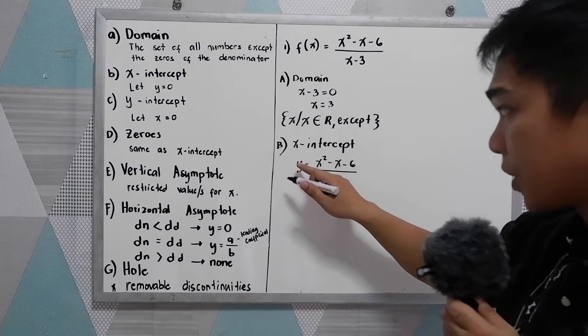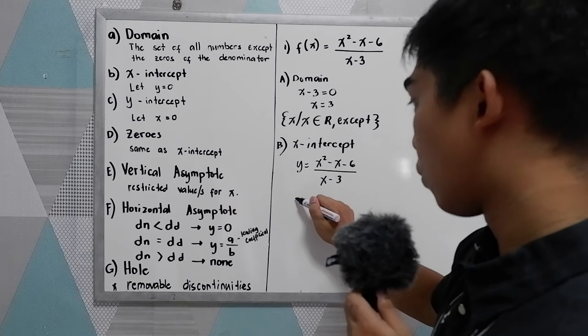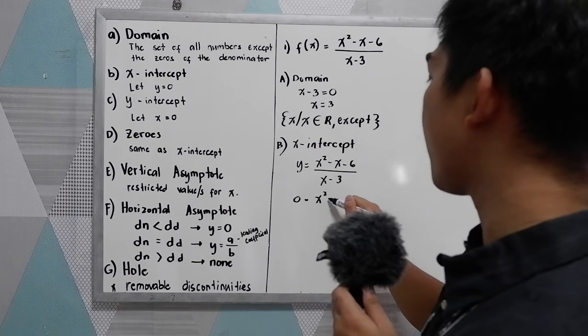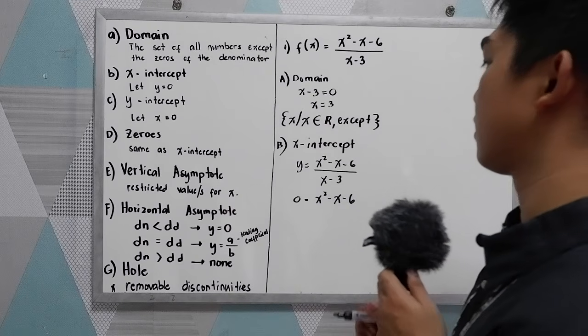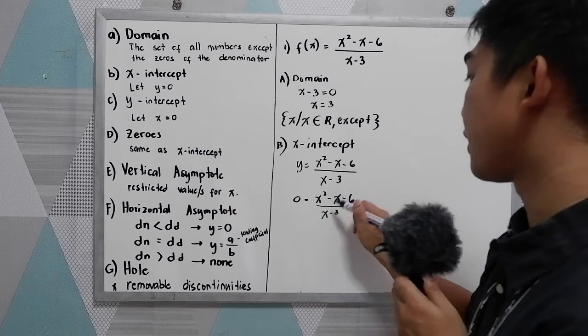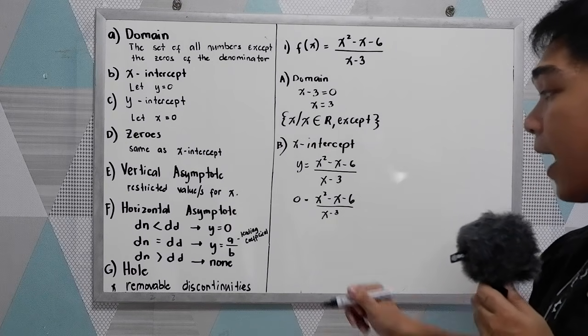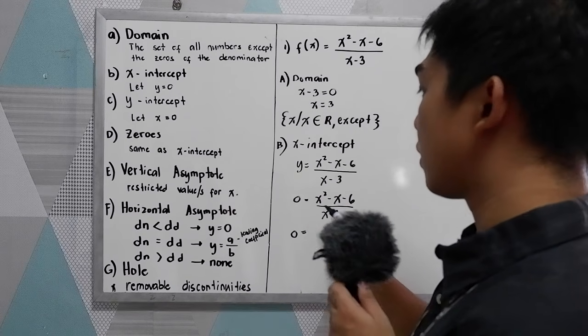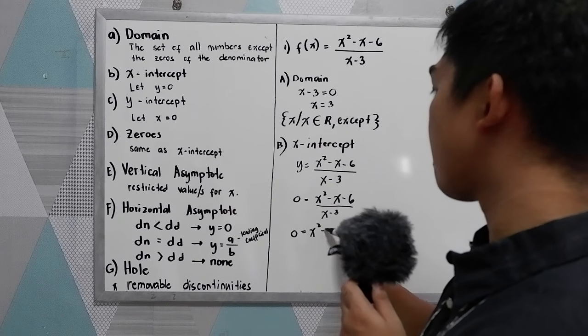Let y be equal to 0. And we have now x squared minus x minus 6 all over x minus 3. Cross multiply, so we have 0 times x minus 3, that will become 0, is equal to x squared minus x minus 6.